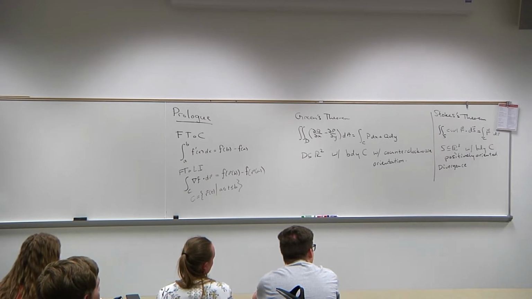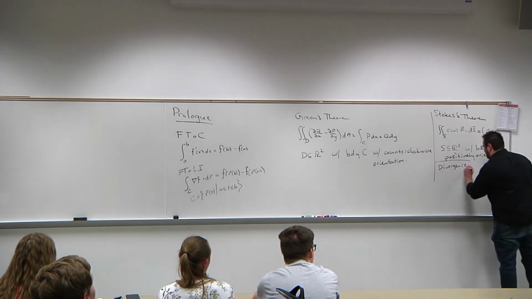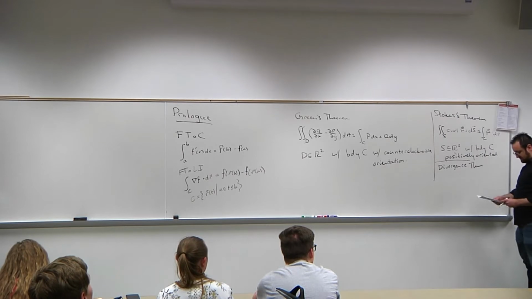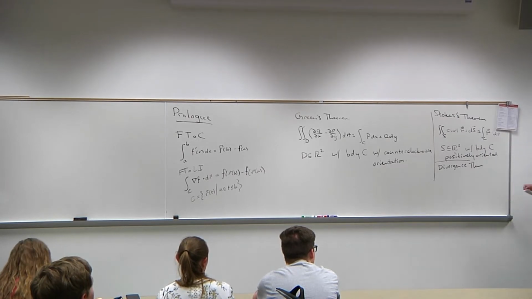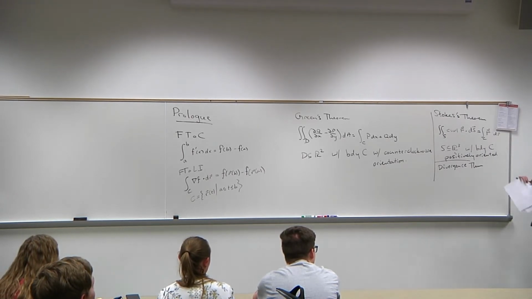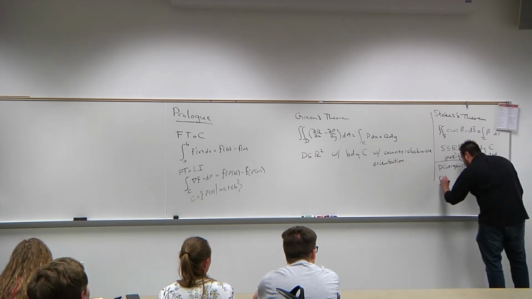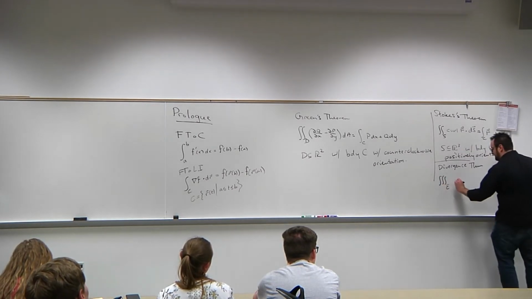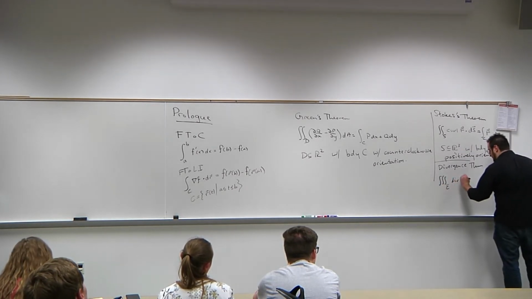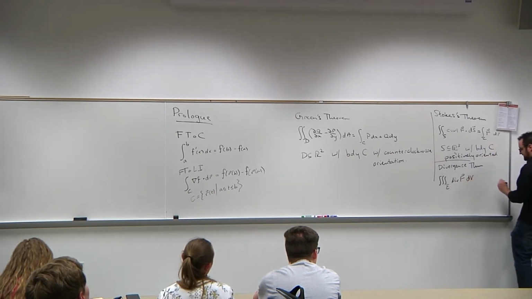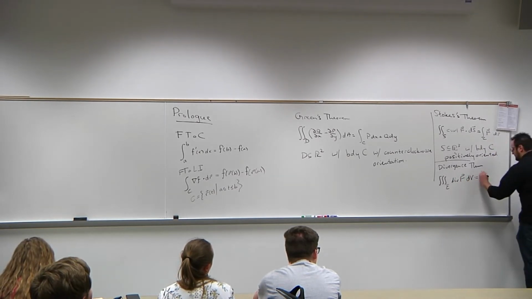Okay? And then there's the divergence theorem, right? And what does the divergence theorem say? Yeah, let's do the triple integral first. Over E of the divergence of F dV equals the double integral over S.